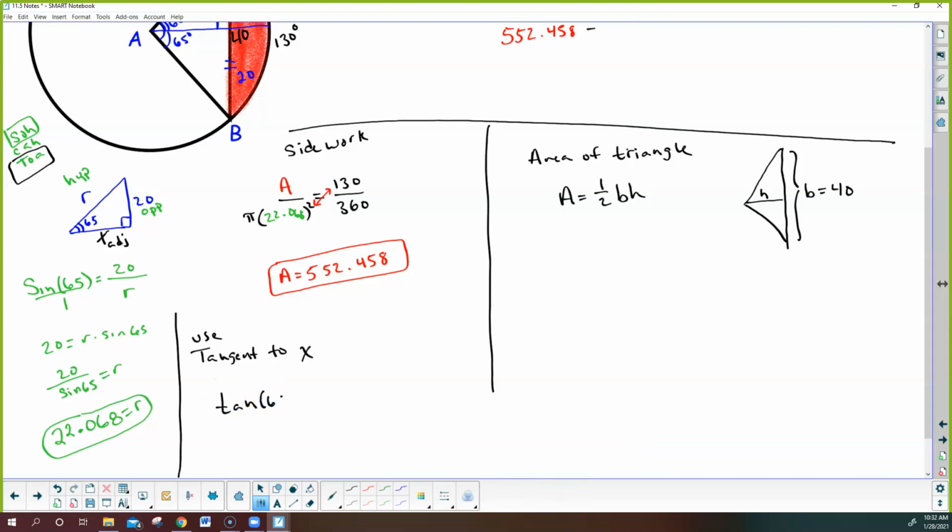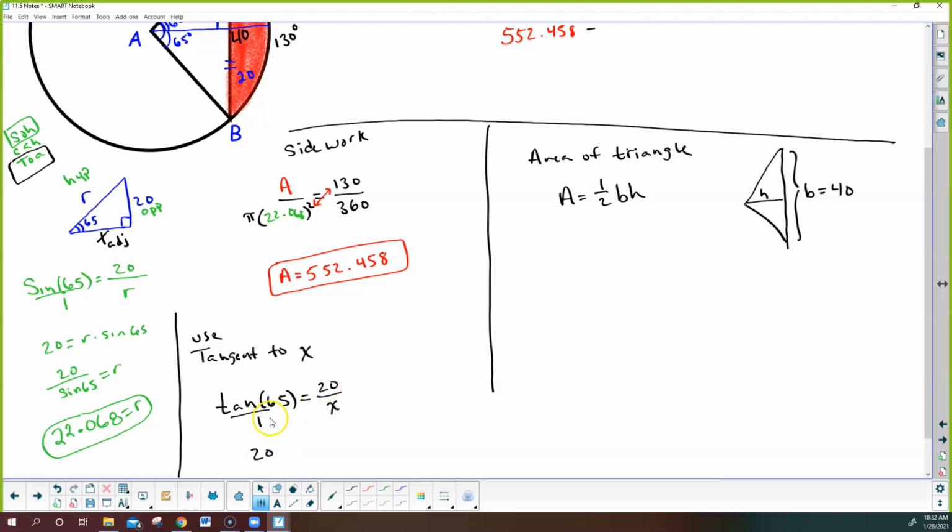So it's tangent of 65 degrees is equal to the ratio of opposite over adjacent, so 20 over X. And then same thing, we're going to cross multiply and solve.